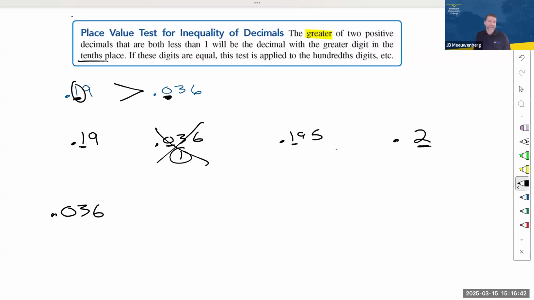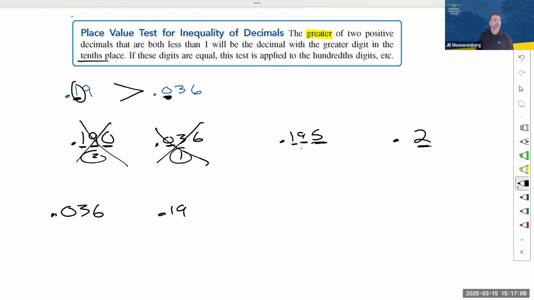Because 0.19 and 0.195 have the same tenths places, we go to the hundredths places. Well, those are also the same, 0.19 and 0.19. So then what do we do? We go to the thousandths place. Well, this has a 5, and this doesn't have anything. So there is a 0 there, even though we don't see it. 0 is less than 5, so this would be our next biggest number, 0.19.